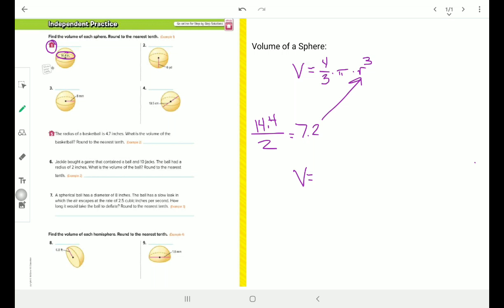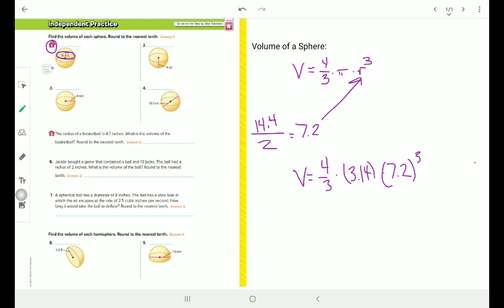So volume equals 4/3 times pi, and remember, you can use the pi button on the calculator, or you could use 3.14. If you use the pi button, you get a more exact answer, and it's going to look a little bit different than mine because I'm going to use 3.14. Then times my radius, 7.2, cubed.